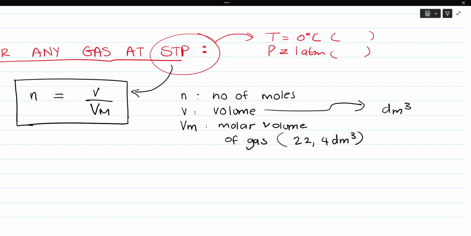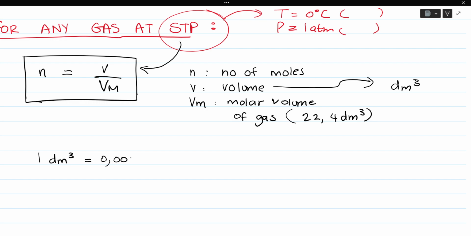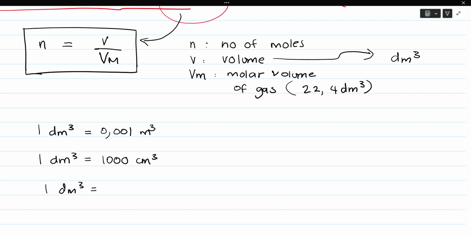Here are some useful conversions. 1 decimeter cubed is equal to 0,001 meter cubed. 1 decimeter cubed is equal to 1000 centimeters cubed. 1 decimeter cubed is also equal to 1000 milliliters.